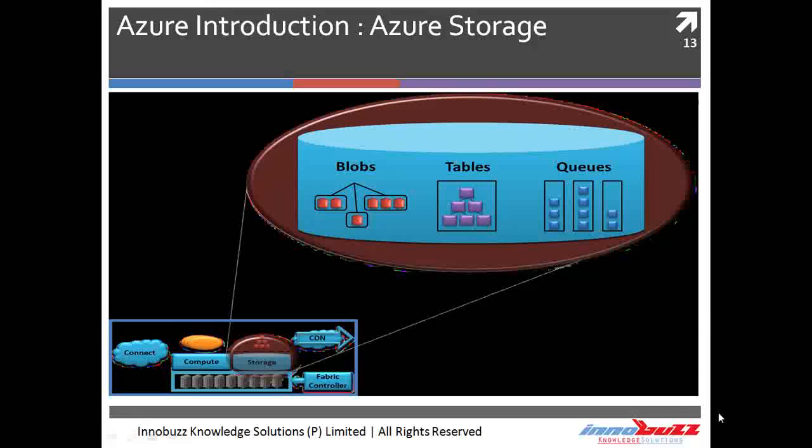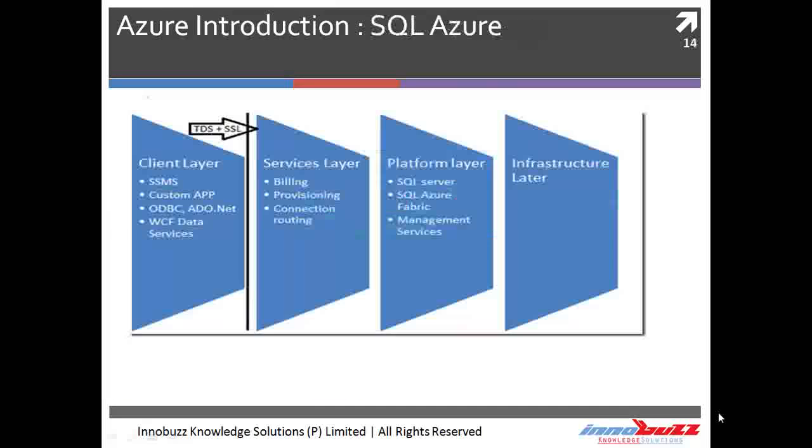Here we see the basic diagram for the Azure storage, for the blobs, tables, queues, and all. So this we'll discuss later in the presentation, because we have one chapter for that also. So just remember it, and we'll see it when we move to the storage portion.